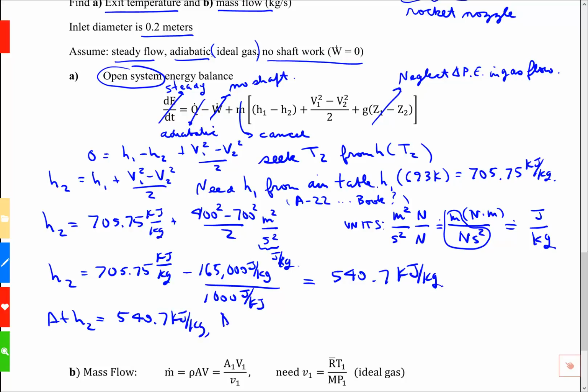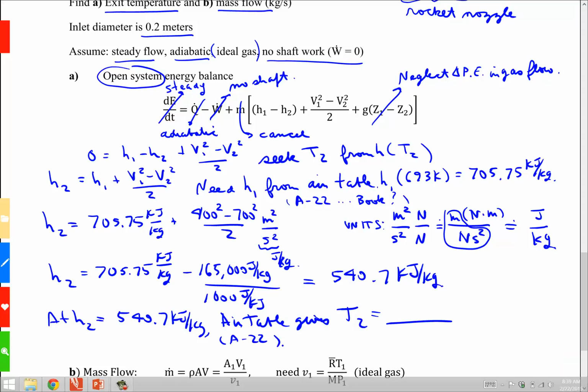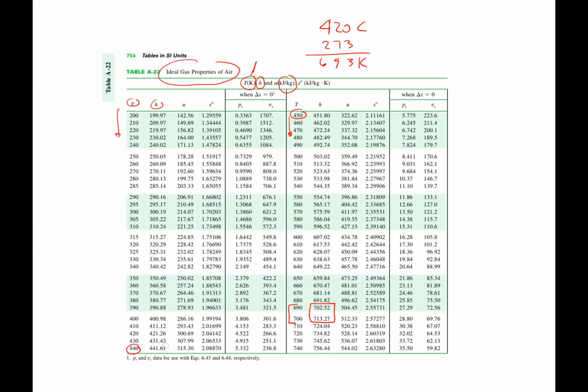The air table gives T2 equals something. Let's go back to the air table. And again, which table? It's A22. Here's the table. Now we're at H is 540.7, so I'm looking in this column. 540 is going to fall between 533 and 544, so my temperature is going to fall between 530 and 540.